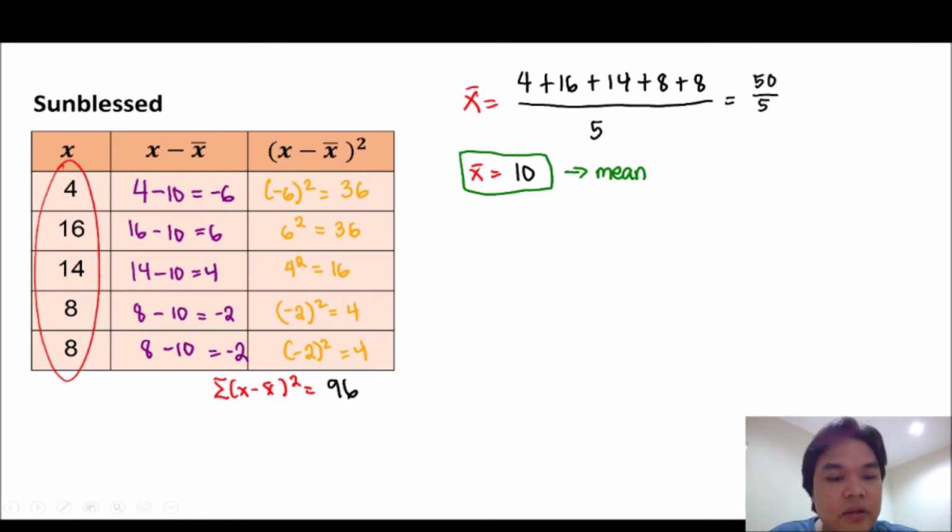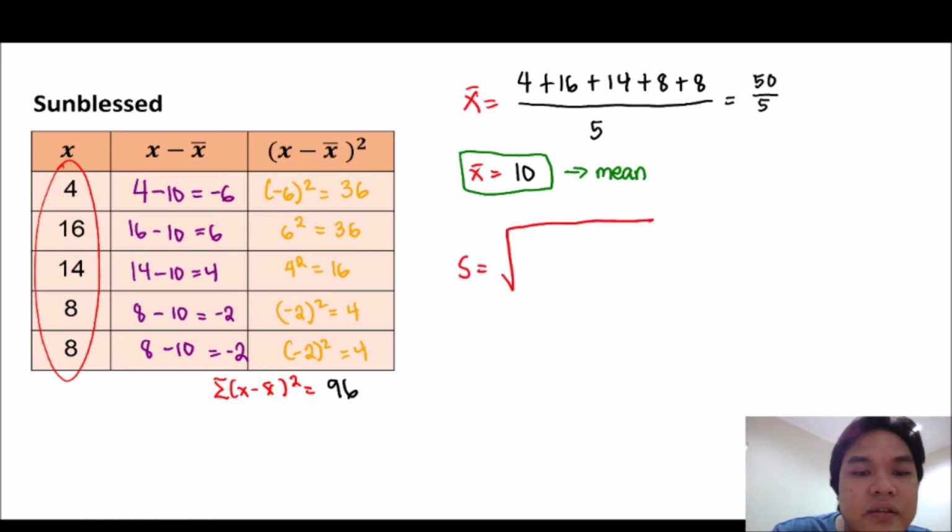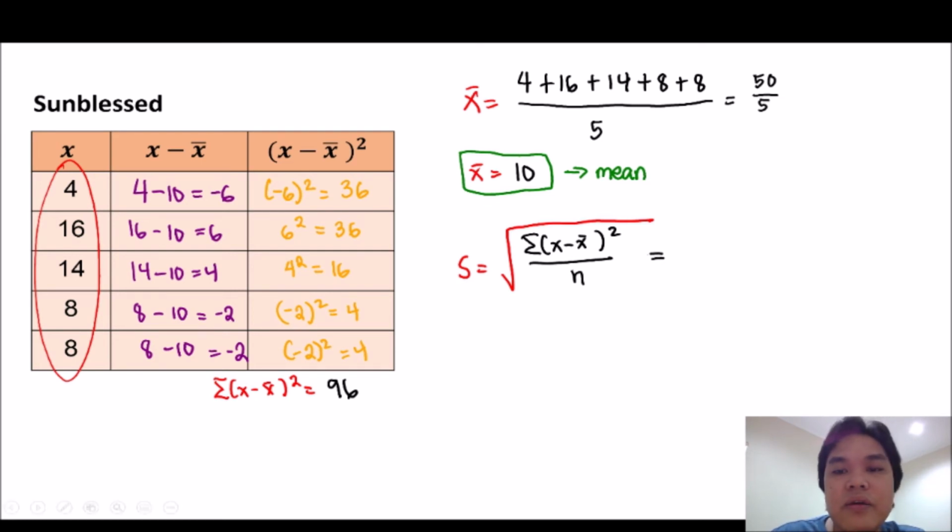Okay? So using the formula for calculating the standard deviation, that is the square root of the summation of x minus x bar squared all over n. So plugging in all the values will give you the square root of 96 all over 5.